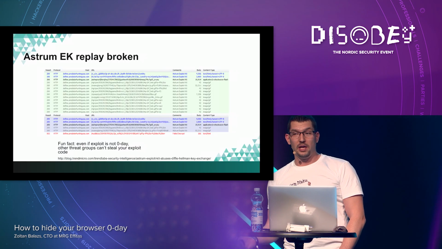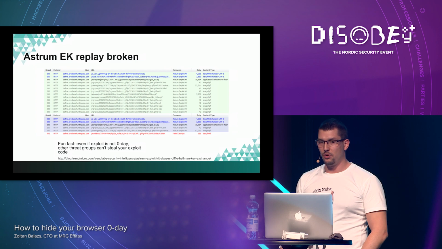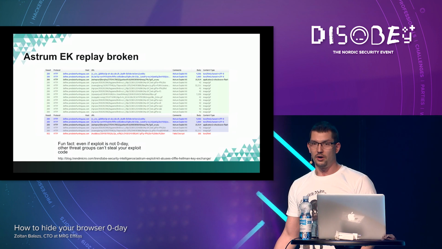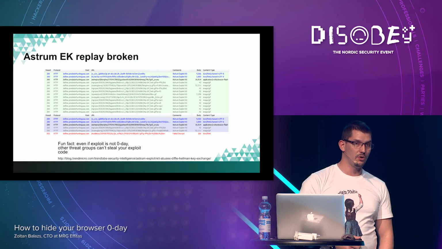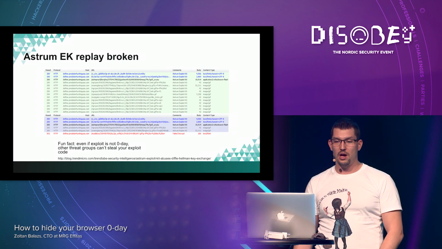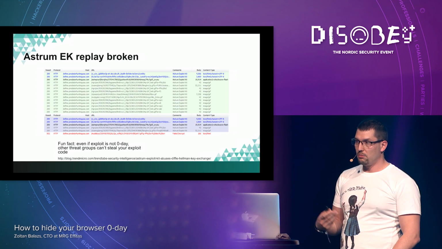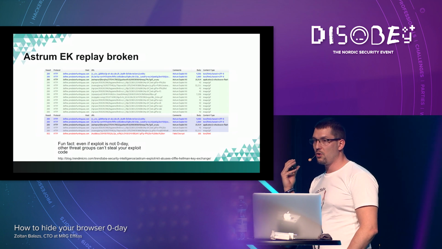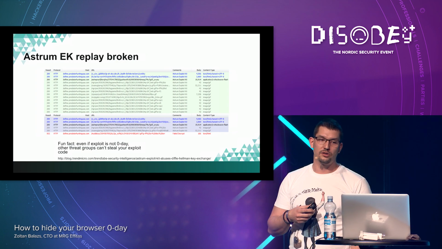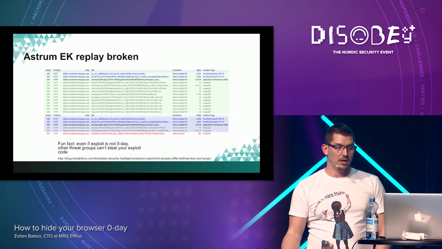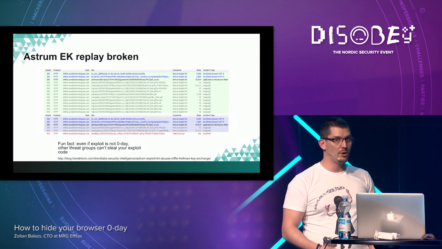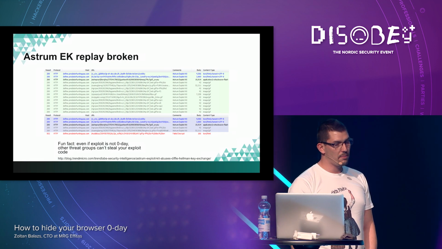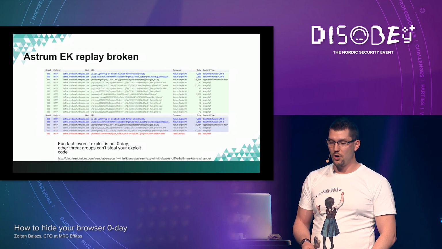And it's not just me stating that exploit replay is very hard when the exploit is encrypted with Diffie-Hellman or something like that. There is a blog post by Trend Micro where they are analyzing the Ostrom exploit kit, and they go into deep detail about why they are not able to replay the exploit traffic anymore.